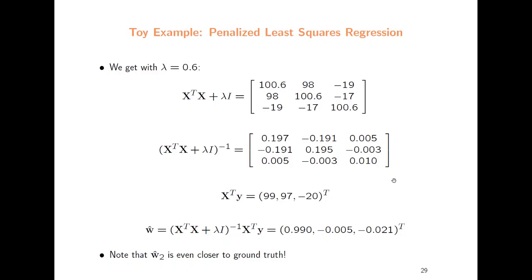Okay, we can also look at penalized least squares. So with lambda equals 0.6, we get these results. And the interesting thing is, the causal one is even closer to 1. The x2, which is not causal, is smaller, and also the effect of the noisy input is smaller.